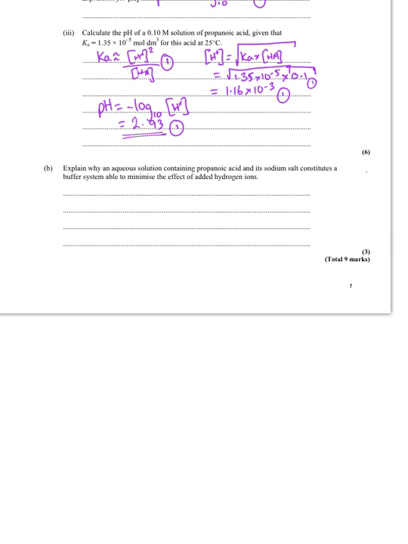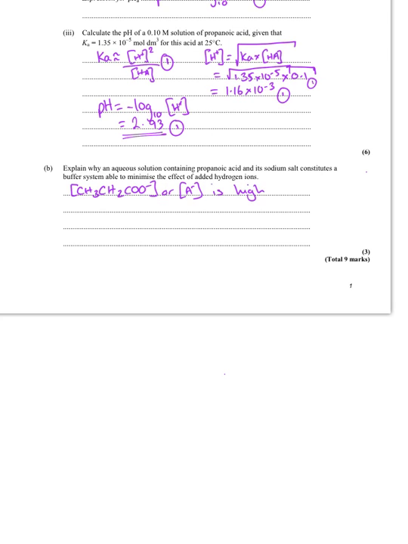Right, this next bit asks you to explain why an aqueous solution containing propanoic acid and its sodium salt, so we know it's a buffer, constitutes a buffer system able to minimise the effects of hydrogen ions added. So you need to explain what's going on. So the first thing you would say is the concentration of the salt, or the anion from the salt, is high.